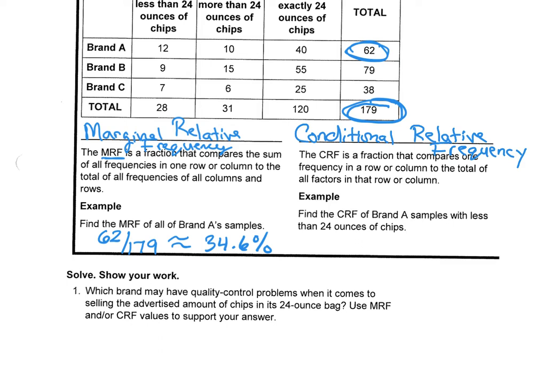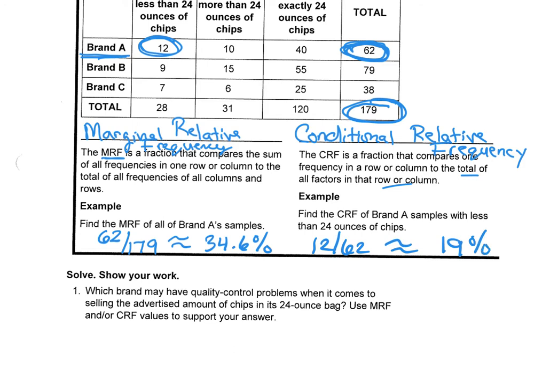So if we were looking to find the conditional relative frequency of brand A samples with less than 24 ounces of chips, so we're taking less than 24 ounces, which would be 12, and we're still doing brand A, right? And we're comparing it to the total of that row or column, which would be 62. So 12 out of 62, which is about 19%.